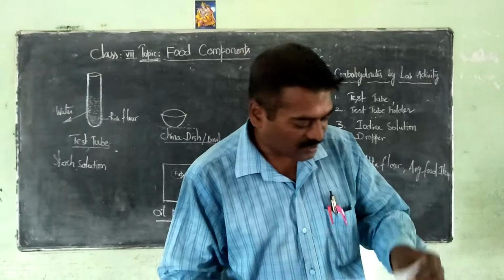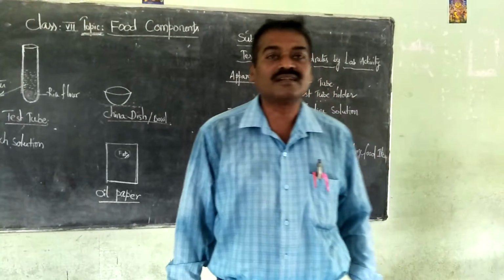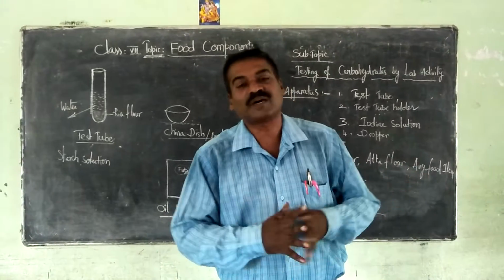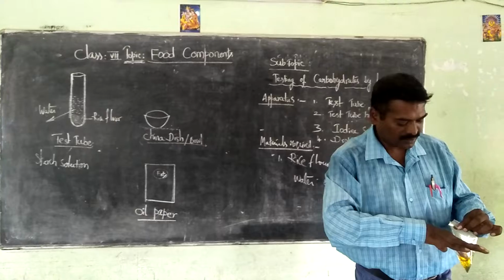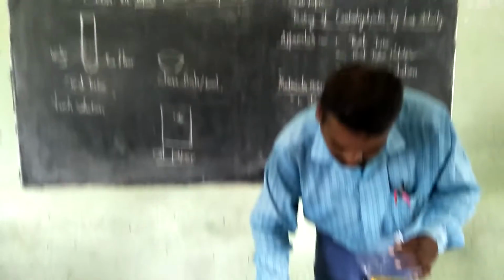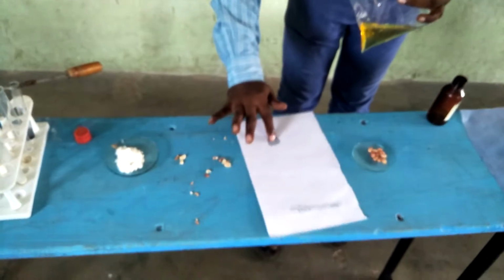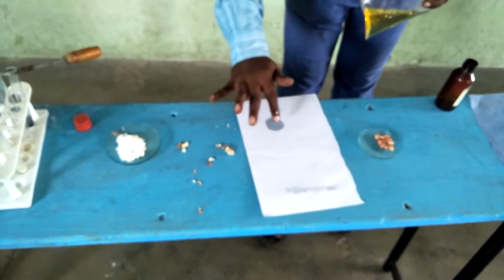Very clear. Another simple activity, let us try to present. For that we require a white paper and oil. See, I am taking oil and keeping drops on the paper.